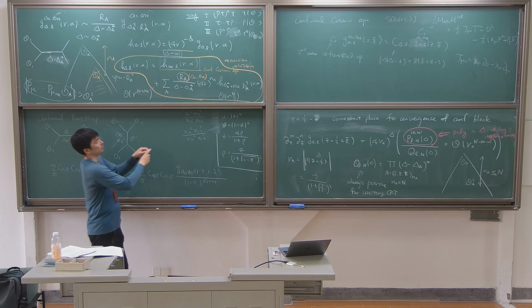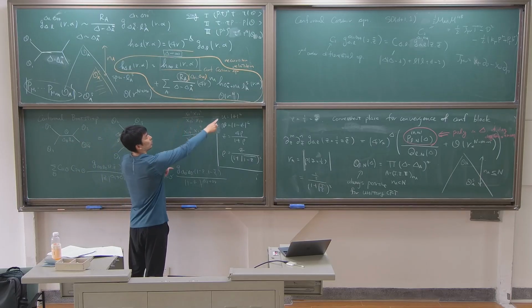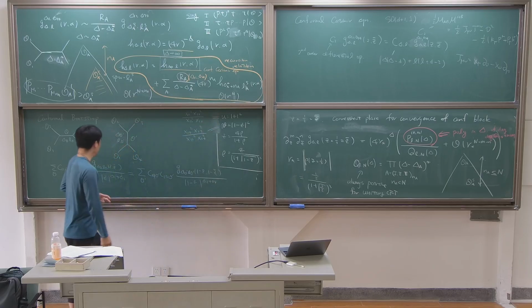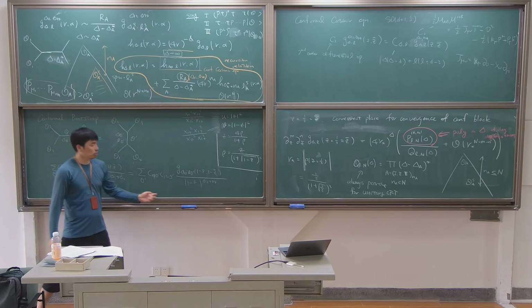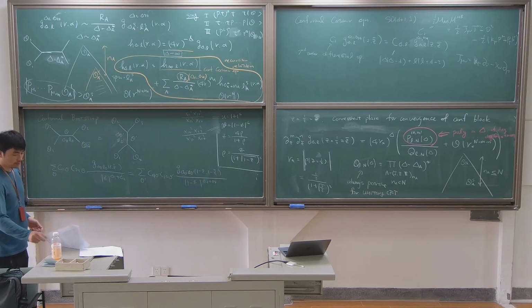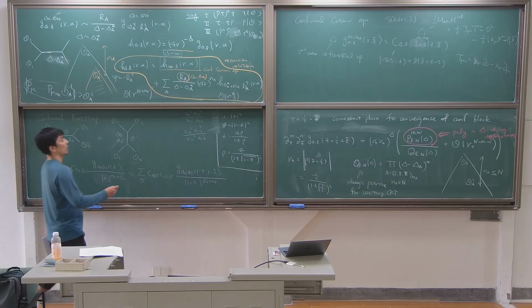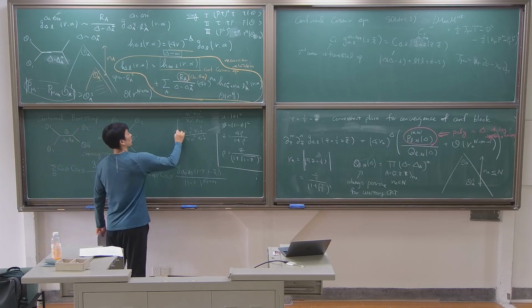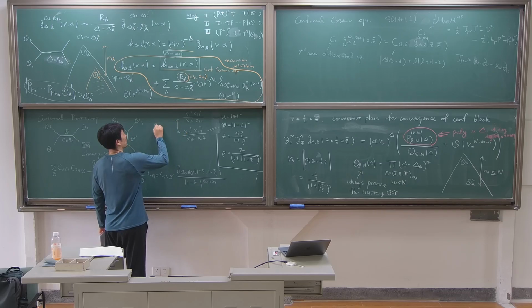So U becomes V and V becomes U. Therefore, if one depends on z, the other should depend on 1 minus z. So that's the meaning. This is sometimes called crossing symmetry, so these two are related by crossing symmetry.